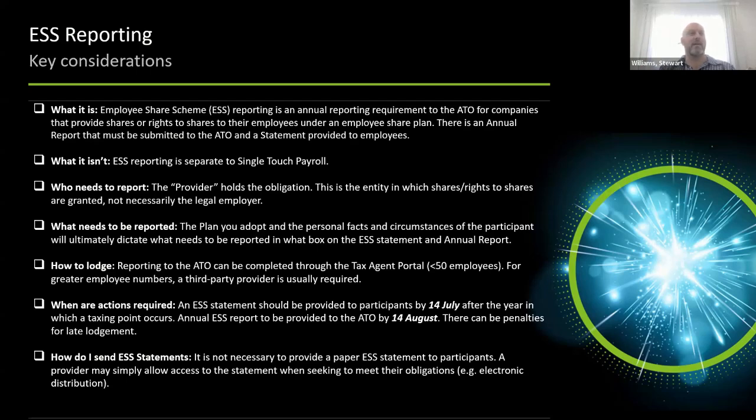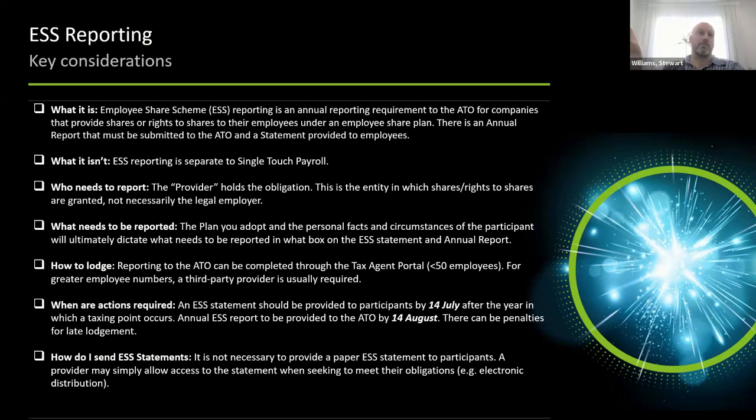The second bit is it is in fact a separate obligation to STP, which many of you will be familiar with. So single touch payroll was brought in to assist with the facilitation of transparent data provision to the ATO in relation to salary and wages. But in Australia, we haven't chosen to go down the path of withholding, but for limited situations.